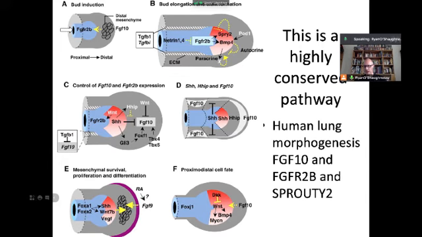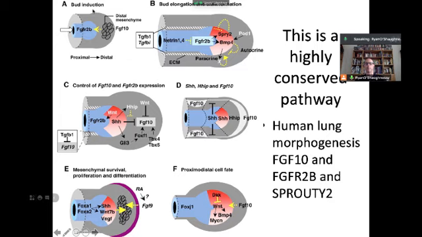And this is a highly conserved pathway. So human lung morphogenesis does exactly the same thing. It requires FGF10 and FGFR2b, as well as Sprouty2, which is the mammalian homologue of Sprouty, and together these work to complete lung morphogenesis.